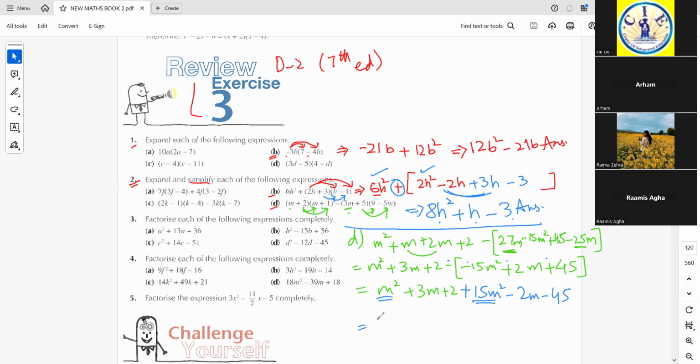Combining them, we get 16m square, and then 3m minus 2m, that is positive 1m, and then finally 2 and negative 45. That will give us negative 43. So this is how we need to solve this question. I hope it would be clear to you.